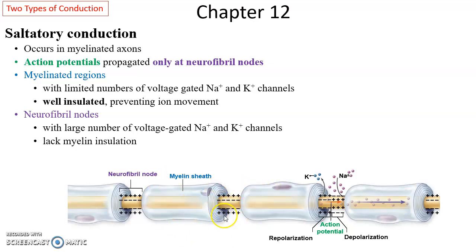And then the next neurofibril node will have its voltage-gated ion channels open because, again, no myelination at the neurofibril nodes, and then again diffusion going to the next section, and so on and so on. So the action potential is kind of jumping from neurofibril node to neurofibril node. No movement of ions across the membrane where there's a myelin sheath, just a diffusion of charge down that part of the axon.